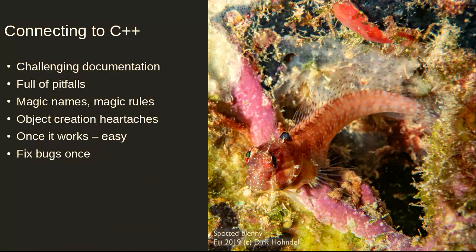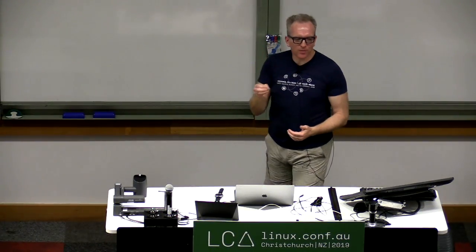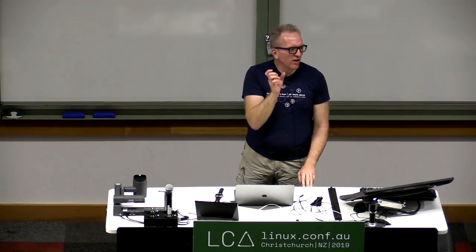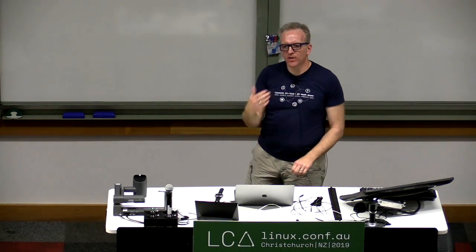I mentioned this briefly earlier, the object creation heartaches. I'm not an object-oriented programmer, as you can tell by my age. But this fundamental problem that you have: you cannot easily control when the objects that are owned by QML will be created.